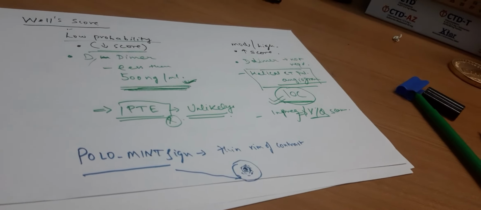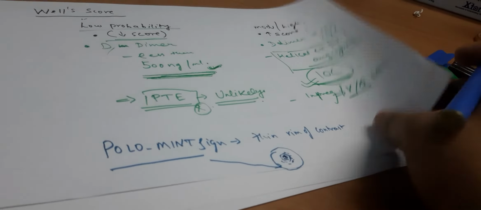All right, there is one more sign which is called McConnell's sign. In McConnell's sign, there is right ventricular hypokinesia. On echo we can see this sign.